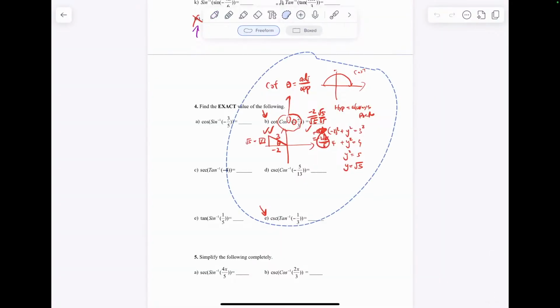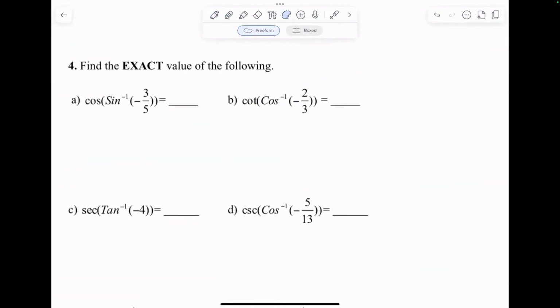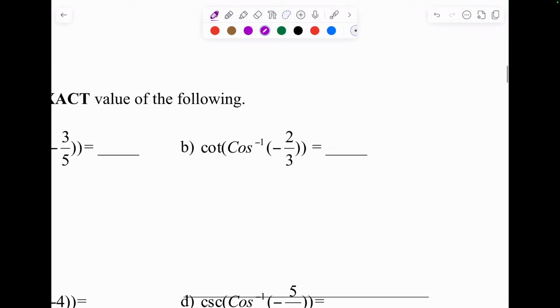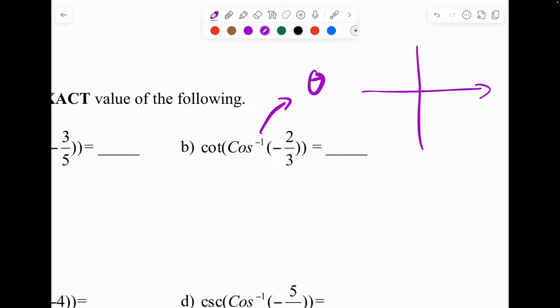All right, so I'm going to answer those questions here. What is cotangent of cosine inverse of negative 2 over 3? You have to draw a triangle. I'm going to show you how to do it first. Cosine inverse is going to give you a theta, so there is a triangle, but you have to base it on a quadrant.